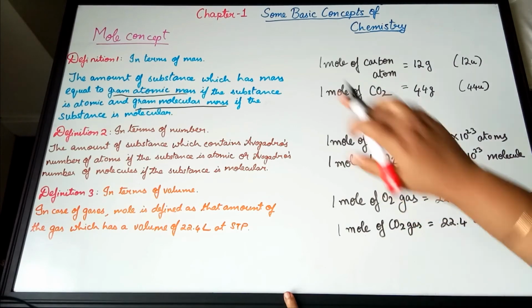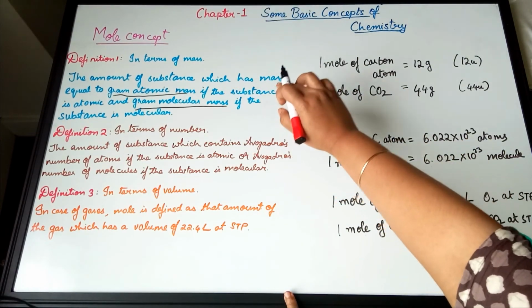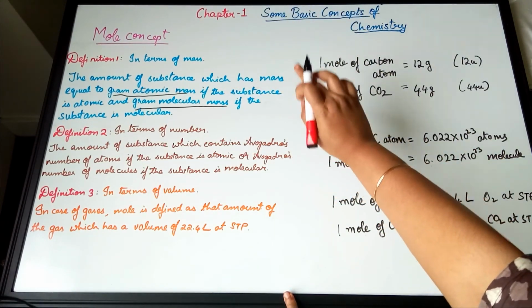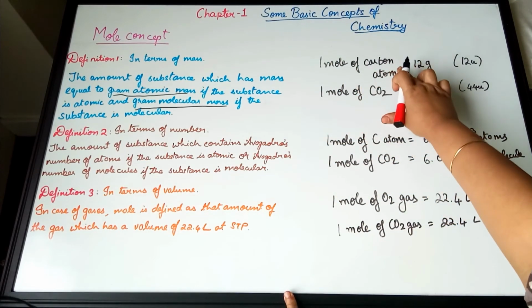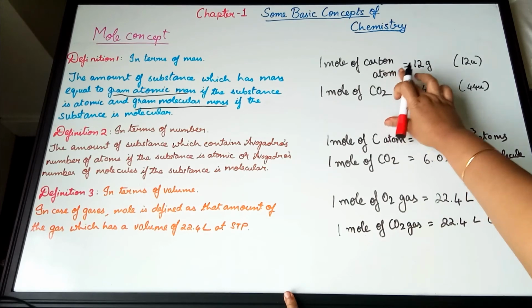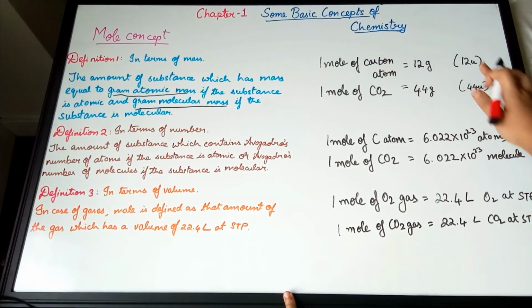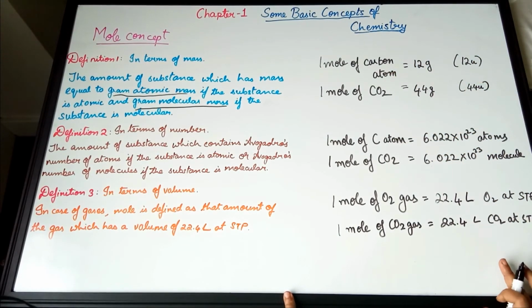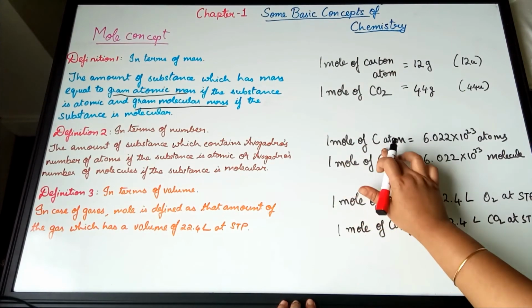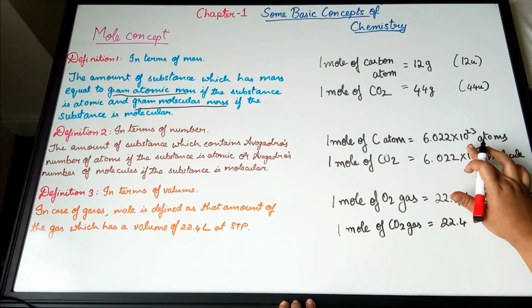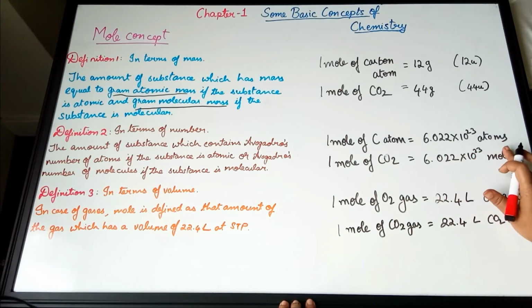The first is in terms of mass. Here we will be considering the gram atomic mass and the gram molecular mass. So 1 mole of that particular element's atoms will be equal to 12 grams. Next, we're talking about in terms of number. So 1 mole of carbon atoms will have 6.022 into 10 to the power 23 atoms.